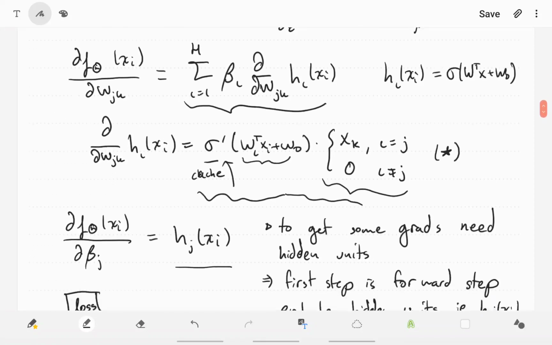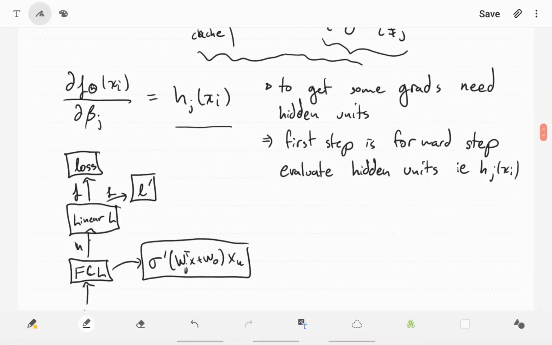Now we need to apply the beta to this gradient, right? And so we would then just take this and apply the beta from the linear layer, right? So the beta from the linear layer goes to, these two go into a matrix multiplication, right?